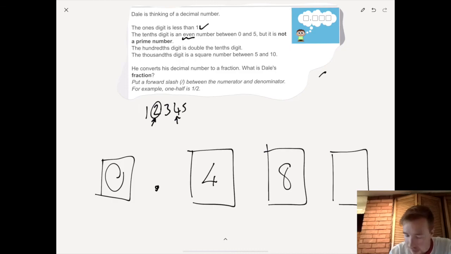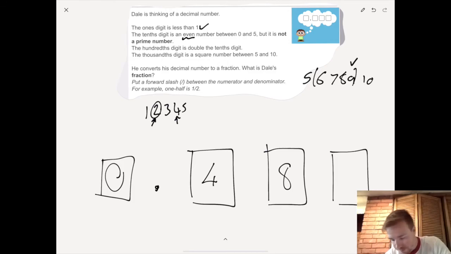So you're looking for a square number, something times by itself that will reach one of these. 1 squared is 1, 2 squared is 4, 3 squared is 9, 4 squared is 16. It's that one then, isn't it? 9. So you've got 0.489. I'm just going to clear everything away because I need some more working out now.